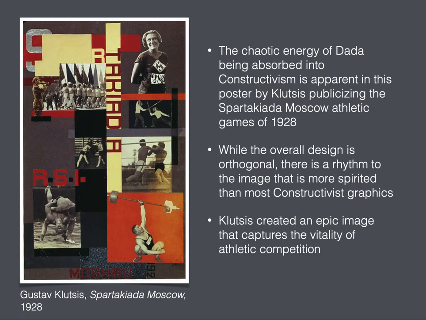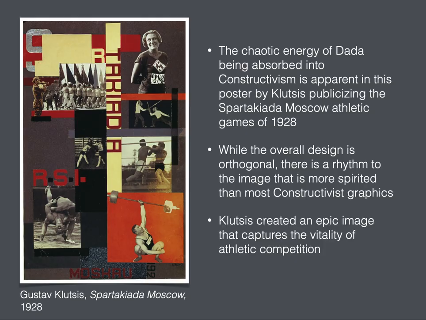The chaotic energy of Dada being absorbed into constructivism is apparent in this poster by Klutzis, publicizing the Spartakiada Moscow Athletic Games of 1928. While the overall design is orthogonal, there's a rhythm to the image that is more spirited than most constructivist graphics.